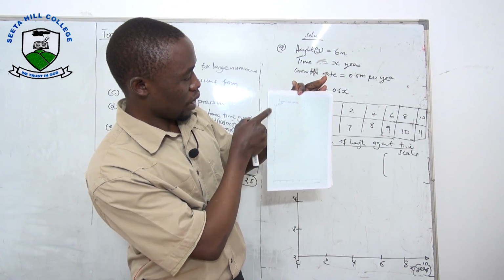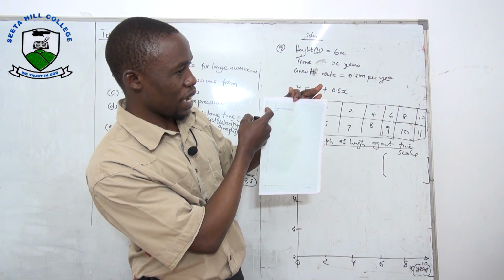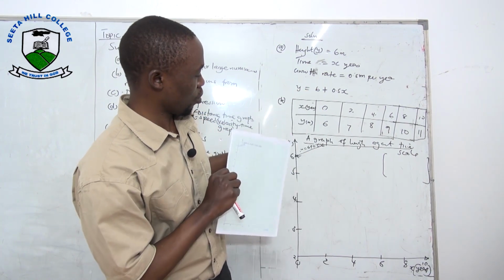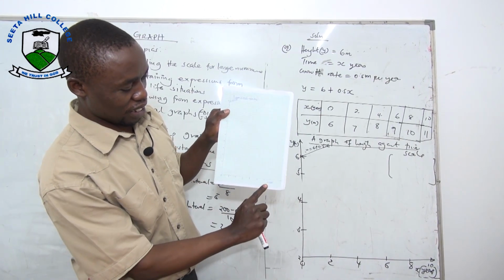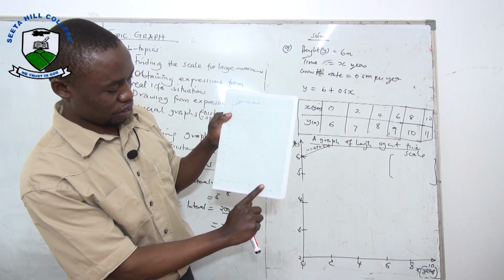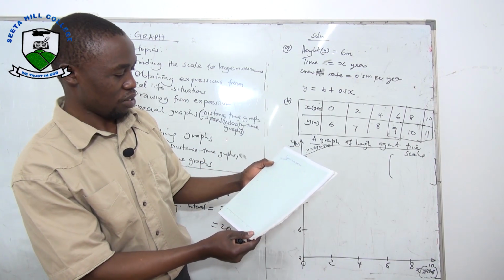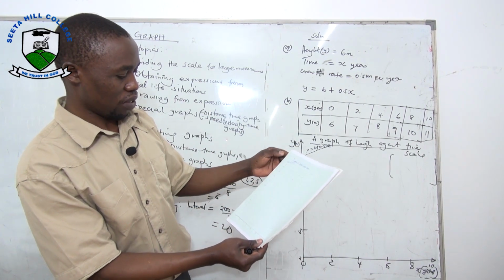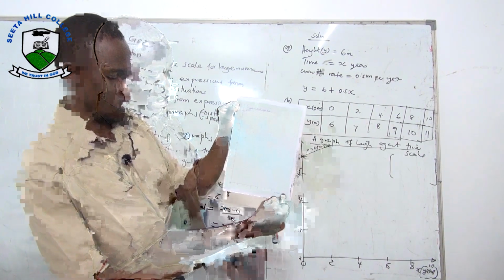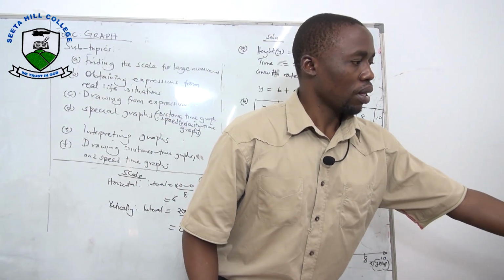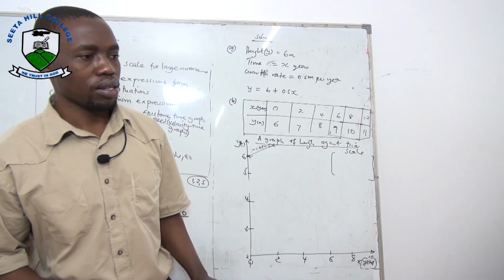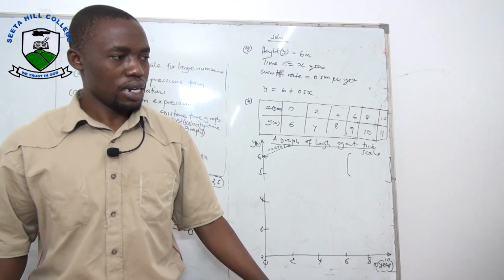Then vertically, I don't see y in meters. This one, y in meters. Then x in years. That's very, very good. Okay, and you have used arrows on the. Yeah. Let me read for you.